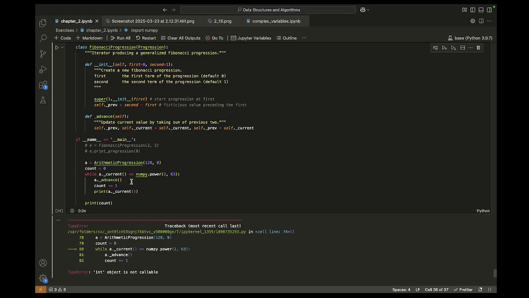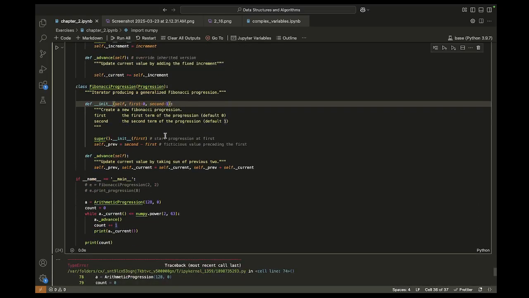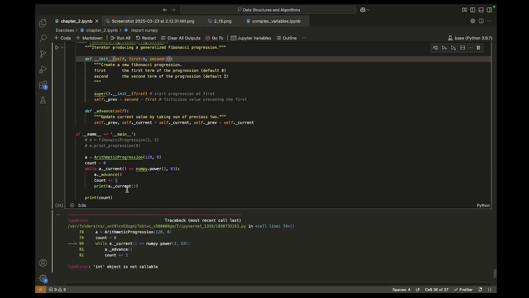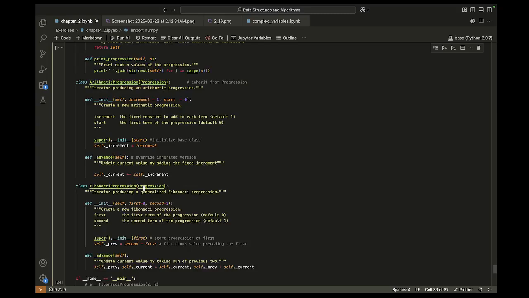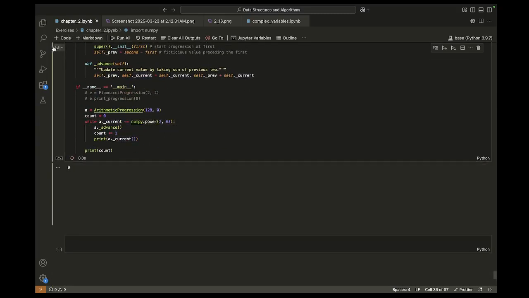Where, what line? Sorry, I phased out. 80. It doesn't give me the line numbers here. Advance. Maybe I'm using it wrong.